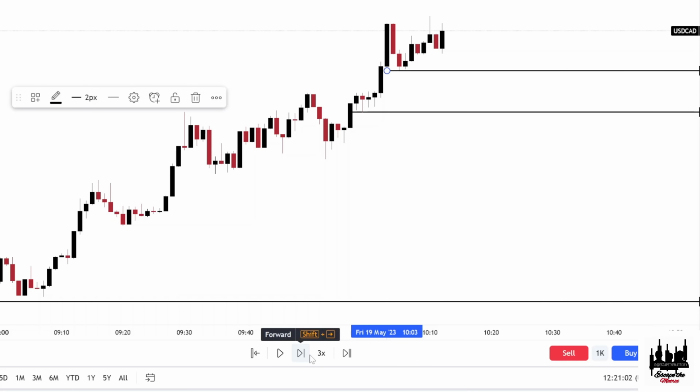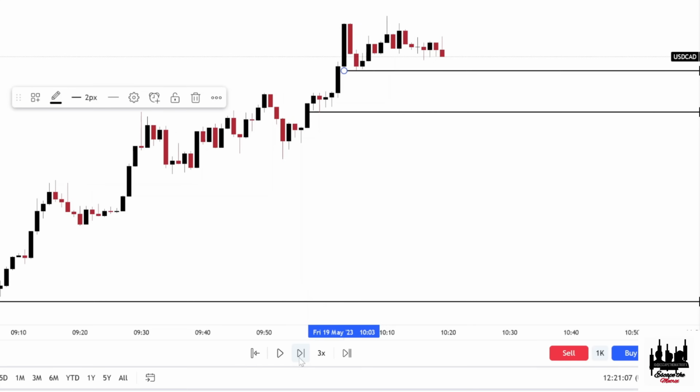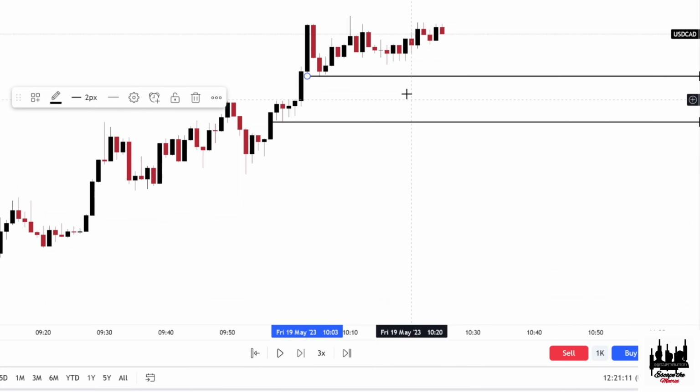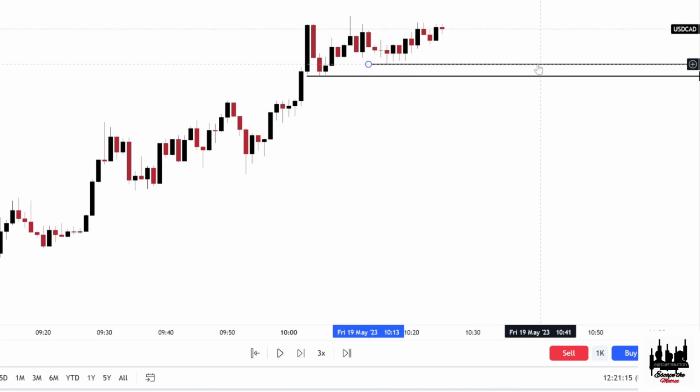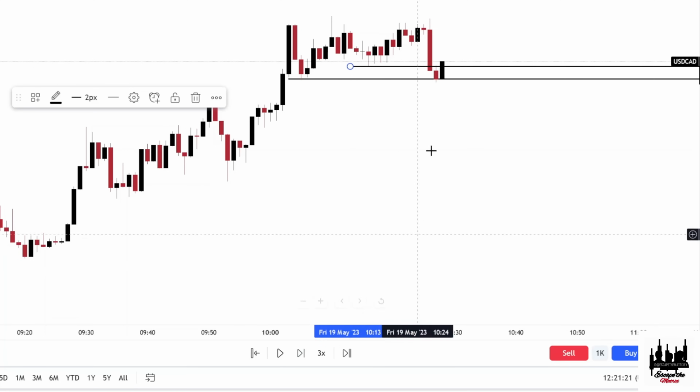A liquidity run, then back into a base. What do we have? We have another swing right here. Okay. So price took the liquidity and came back inside of the range.